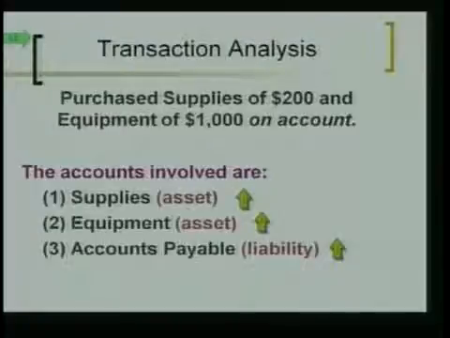So what accounts are affected? Well, think about it. Supplies are going to go up by $200. Equipment is going to go up by $1,000. And our liability, which is called accounts payable, is going to go up by how much? $1,200. Correct? How does that look?